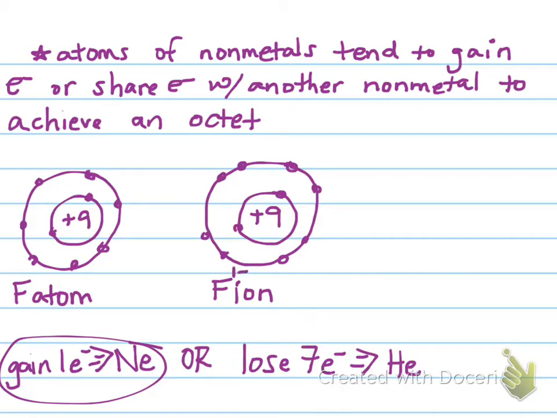We would write its charge as -1. So again, we have achieved that octet. This time notice, fluorine as an atom had 2 energy levels. Fluorine as an ion still just has 2 energy levels. So we've completely filled the energy level that was only partially filled in our atom.